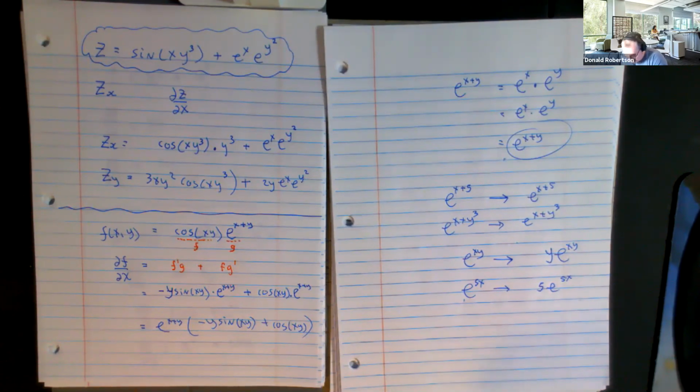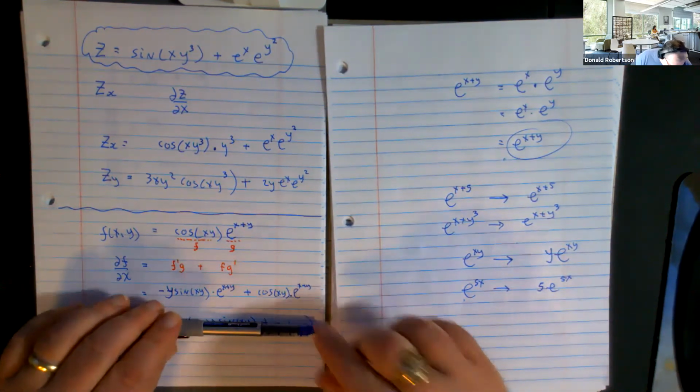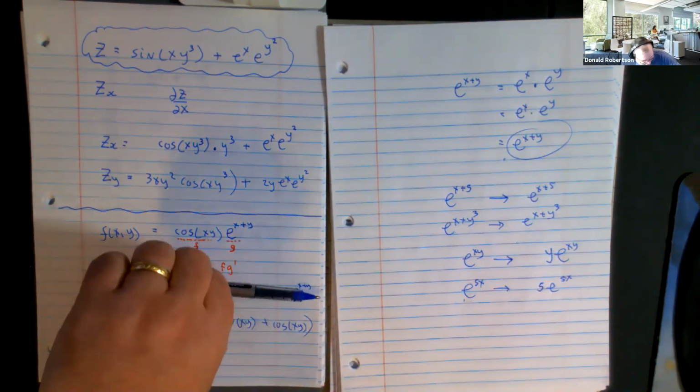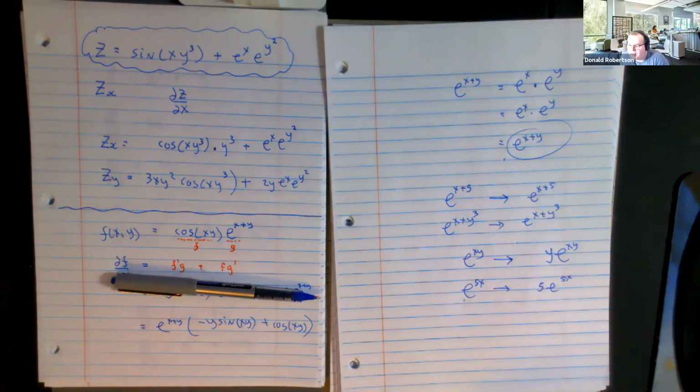Now, that won't be the biggest issue that you're ever going to meet up with. And I think WebAssign, for the most part, is very generous about how you write the answer down. So in other words, if you just wrote that down, WebAssign will probably give you a check mark and say you're correct. But I think it's good math to know how to factor things and to make them pretty.